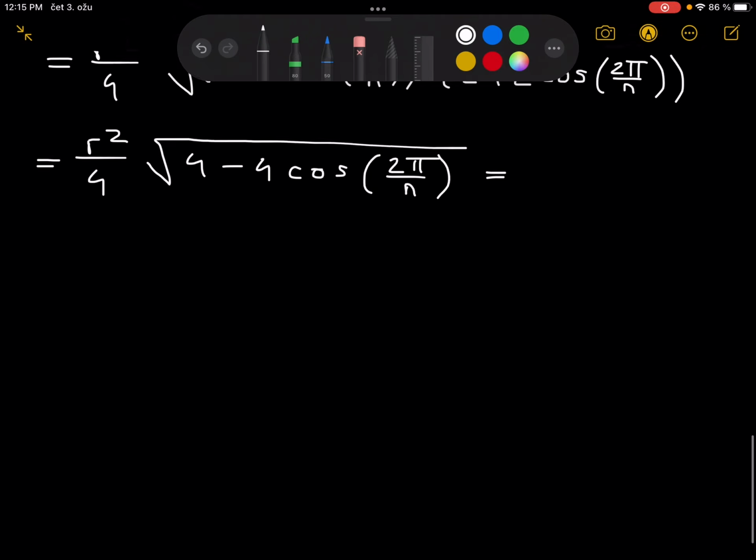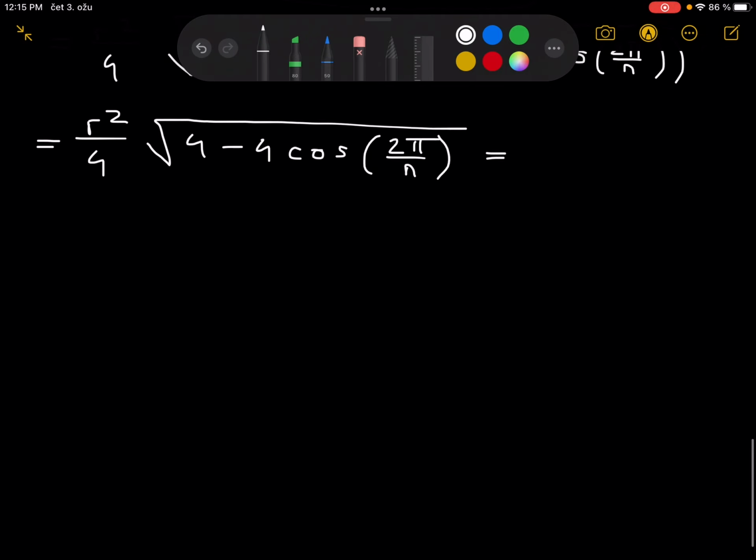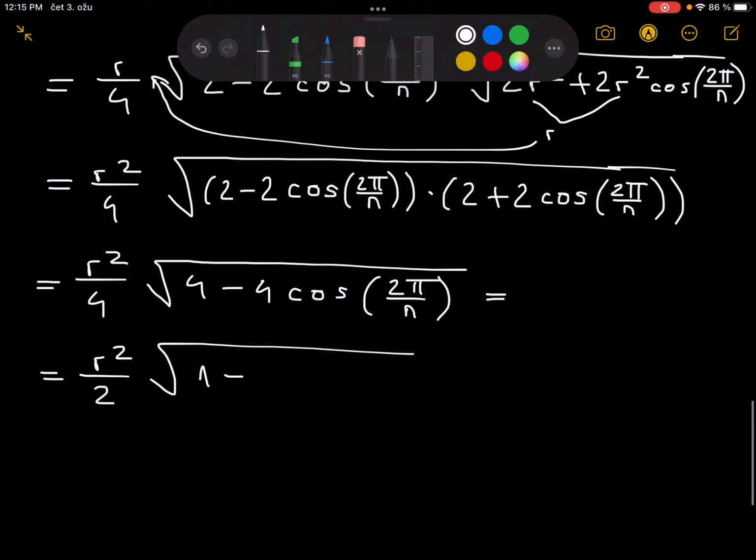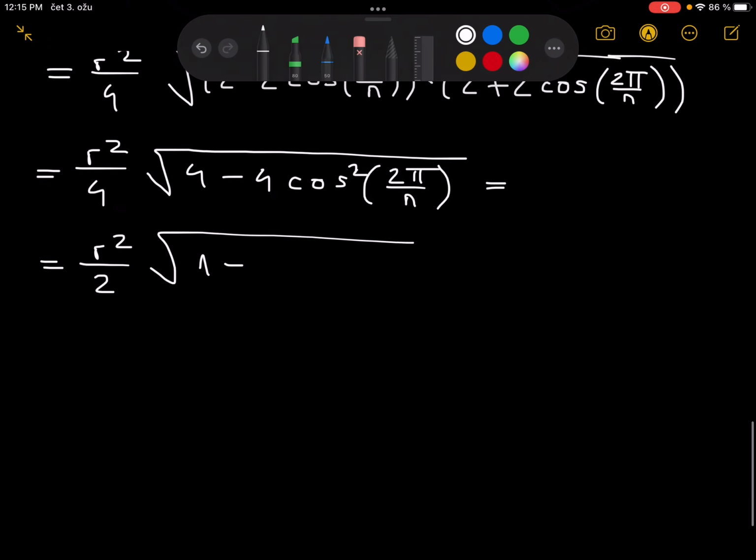And then we can take out the 4 from the square root, and that will leave us with r squared over 2 times the square root of 1 minus cosine squared of 2 pi over n.